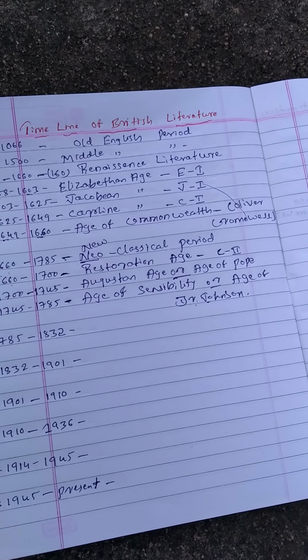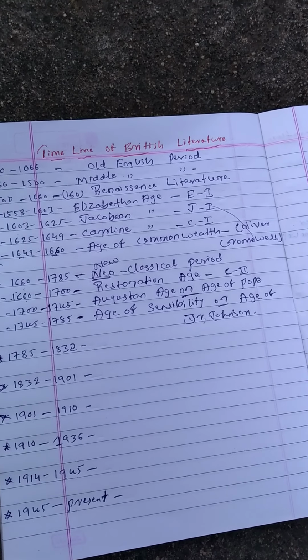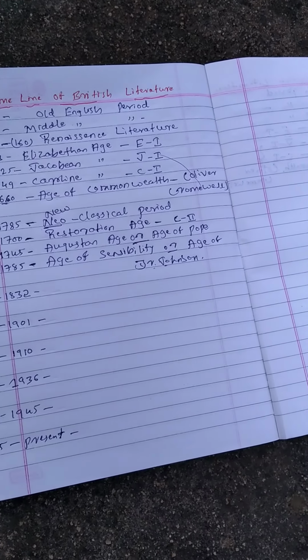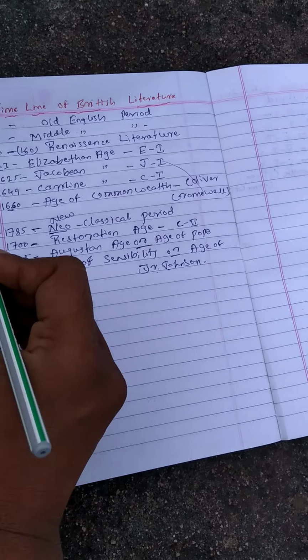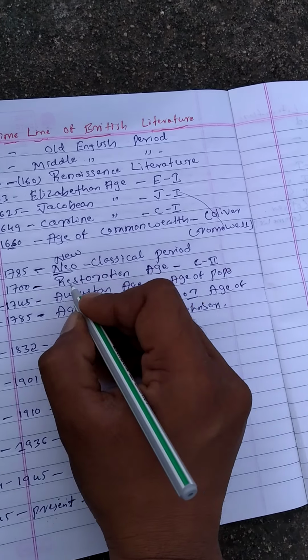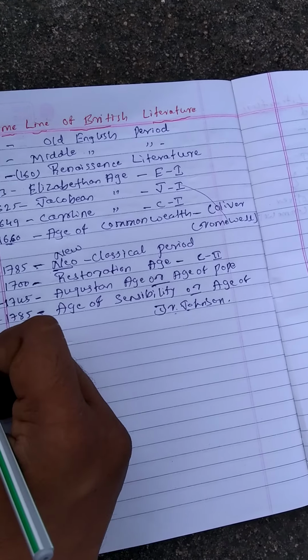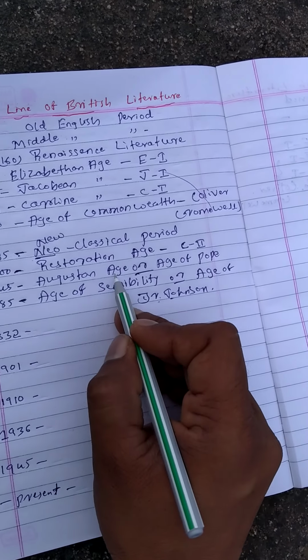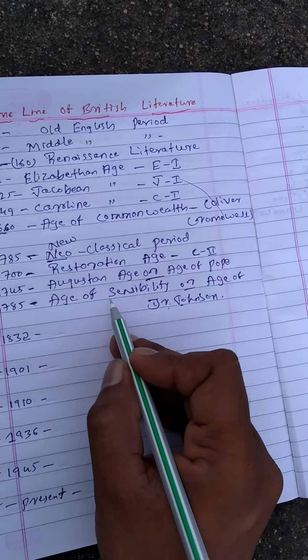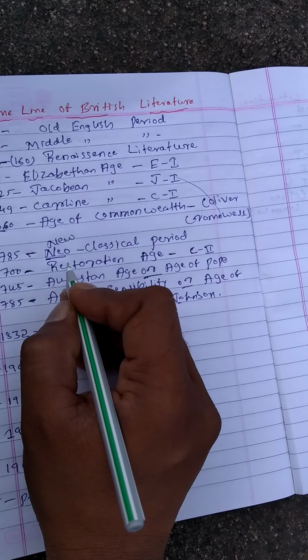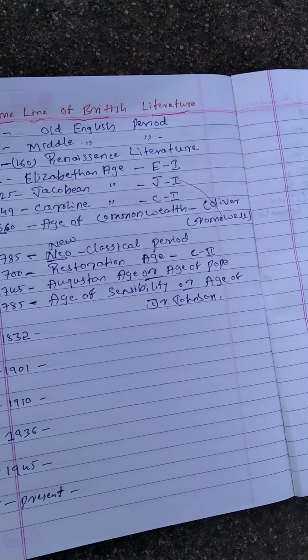Ben Jonson comes in the Elizabethan age as well as the Jacobean age. Here Dr. Johnson is a neoclassical writer. So from 1660 to 1785 is the neoclassical period, in which we come across three ages: the Restoration age, the Augustan age or age of Pope, and the age of sensibility or age of Dr. Johnson.